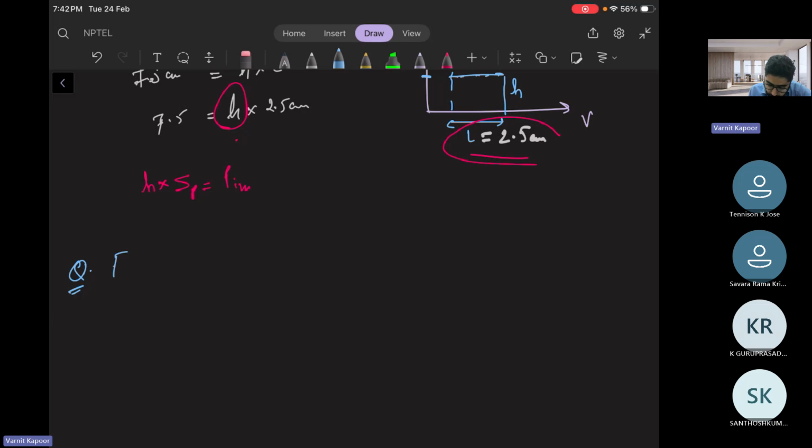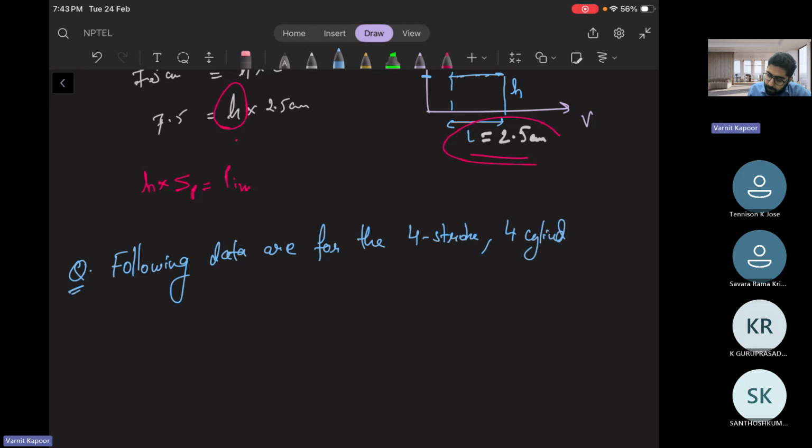It's a very good question now. Following data are for the four-stroke, four-cylinder petrol engine.